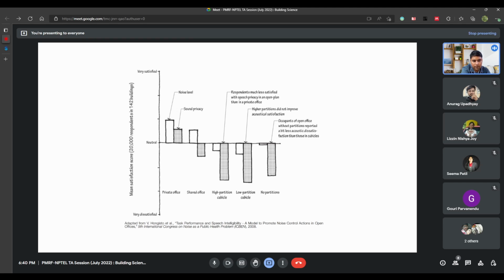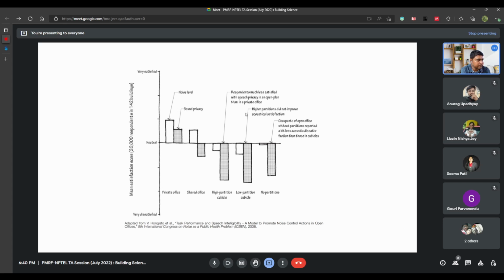This same concept of speech intelligibility comes into play here, where people were more dissatisfied in terms of speech privacy, but neutral about the noise level in open plan offices, because when we have an open plan office we always have that insecurity or feeling where we try to avoid creating noise.